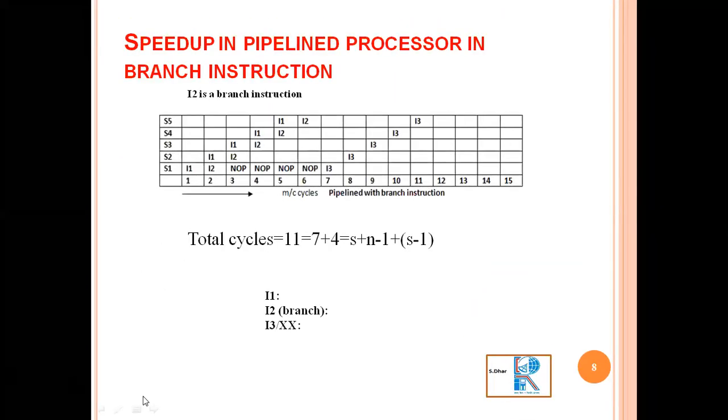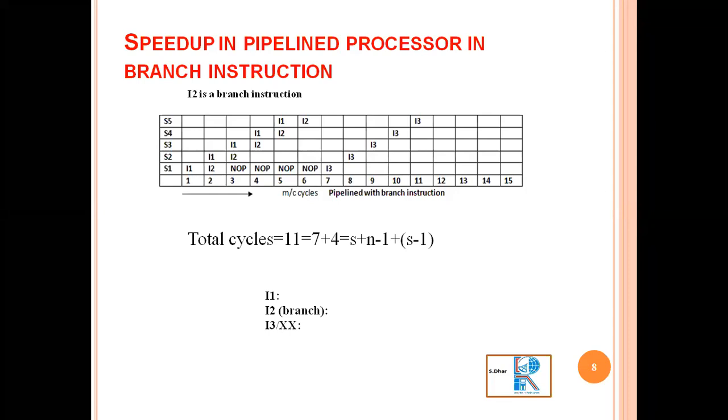Now see here, though we are using the pipeline, the thing is not so smooth. Why? In the previous case, we have seen that if we use 3 instructions and each instruction has 5 stages, we require n plus S minus 1, that means 8 cycles. But if one or 2 of the instructions is a branch instruction, what will happen?